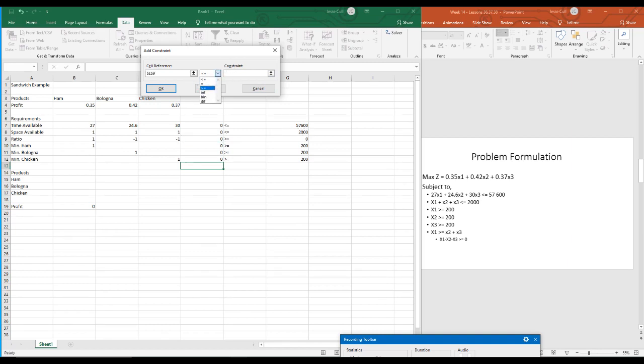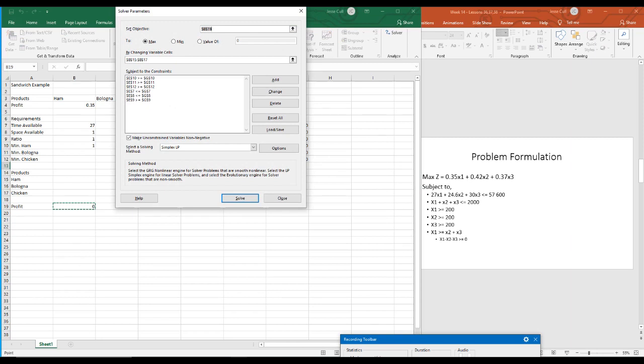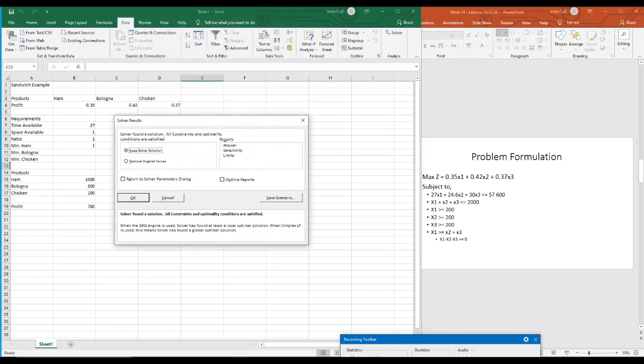Greater than or equal to 0, greater than or equal to 200, greater than or equal to 200, and finally greater than or equal to 200. So we have all 6 of our constraints listed here. Once all of this information has been correctly entered, we hit solve.